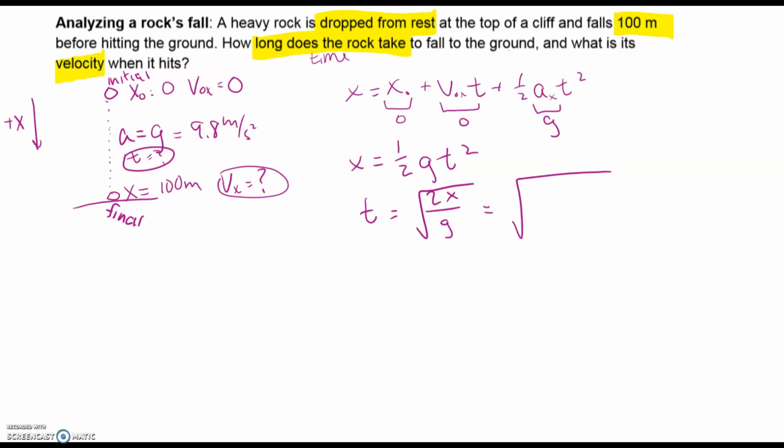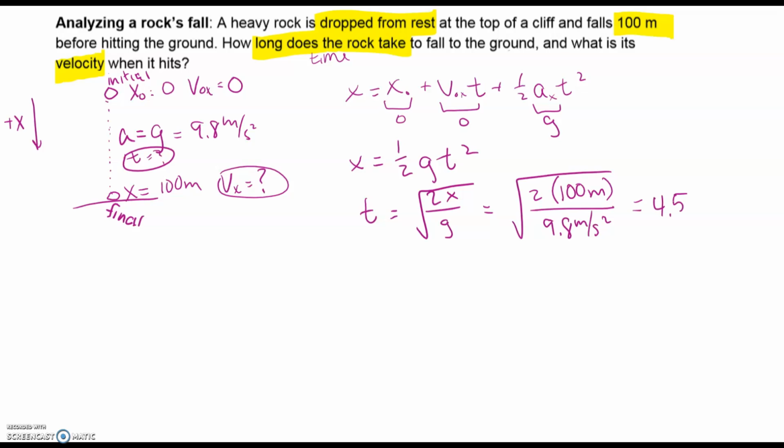So plugging in numbers, 2 times x, well, that's 100 meters for how we defined our variables, divided by g, where in my computations I actually used 9.8 meters per second squared. It'd be a lot easier here to use 10, the math becomes a lot simpler, but since I already did this, I'm going to keep writing it.